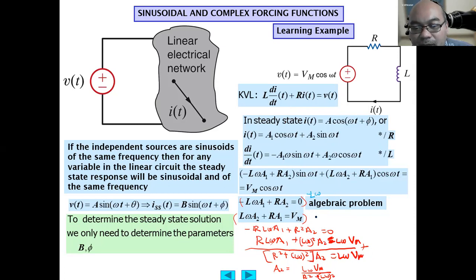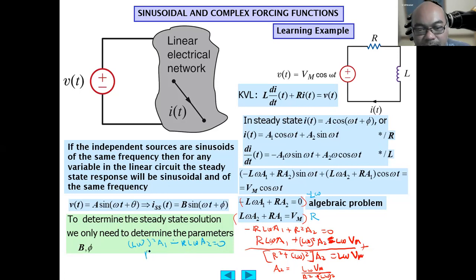Here we multiply with R. Okay, with R. So here we will obtain L omega square A1 minus R L omega A2 equals to 0.